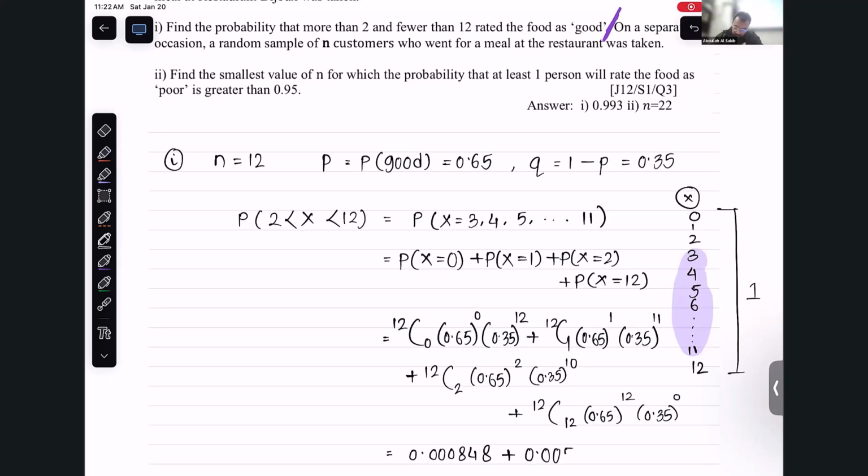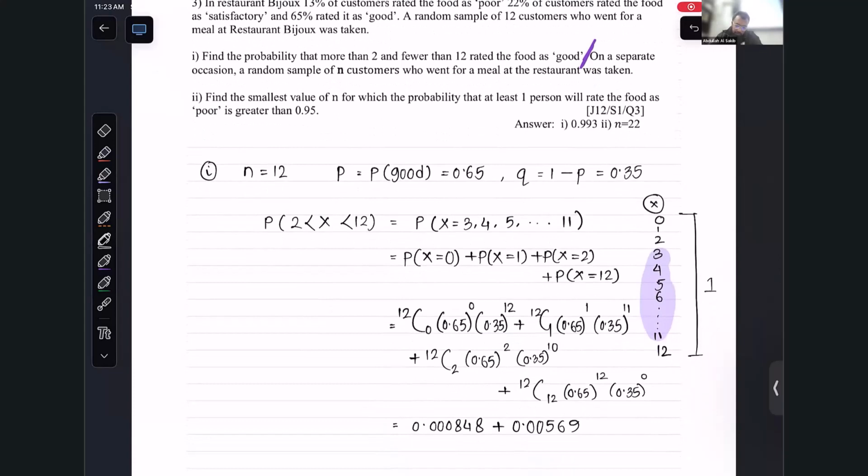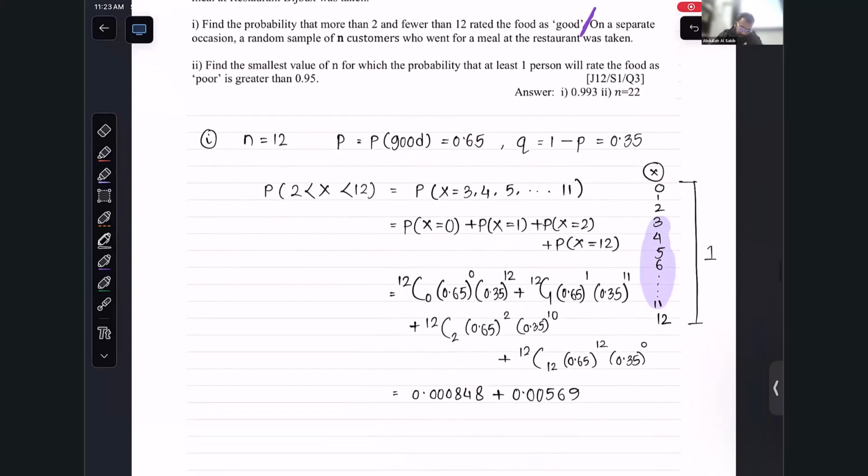Oh, it will be from 1 minus. Yes, thank you.